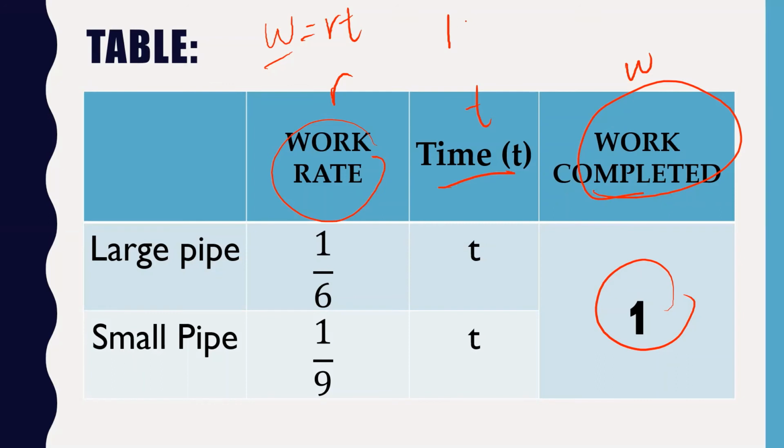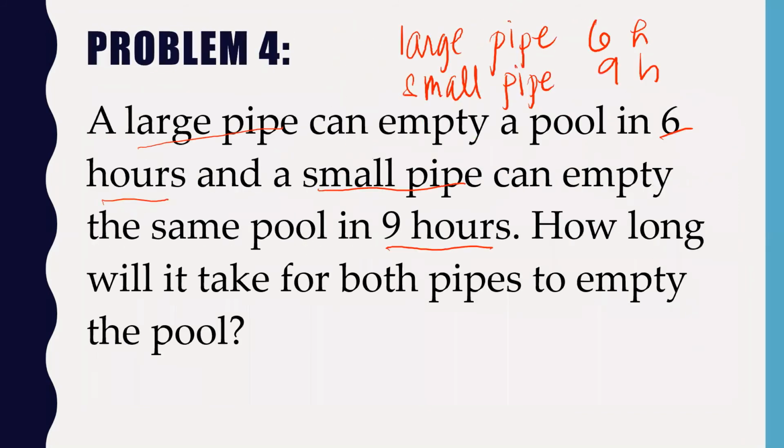Isang pool lang, therefore 1 is equal to, so yung W, pinalitan natin ng 1 kasi 1 pool. Work rate ang hinahanap natin, therefore we are going to remain the R here. And we have the time yung si large pipe, we have 6 hours.